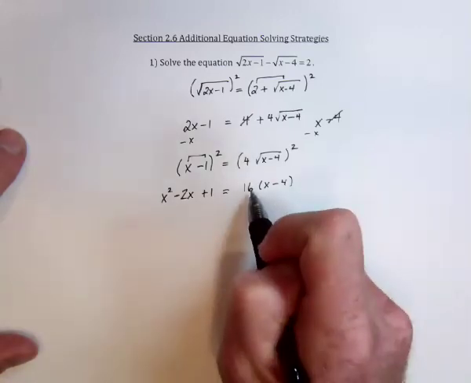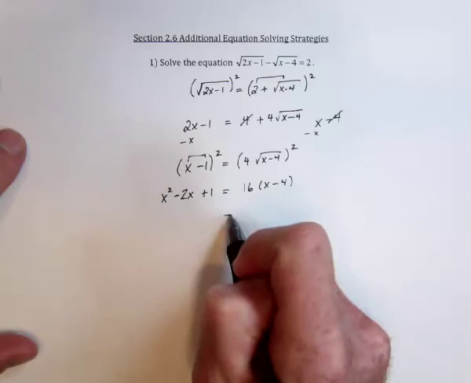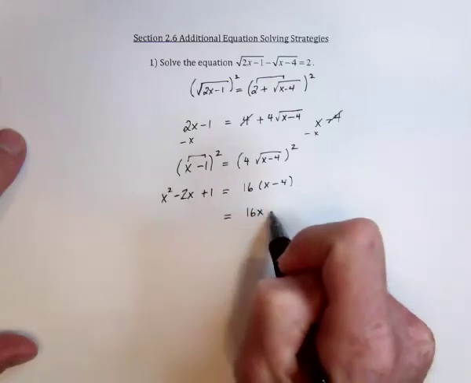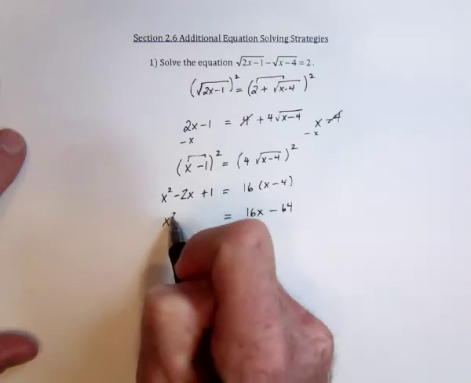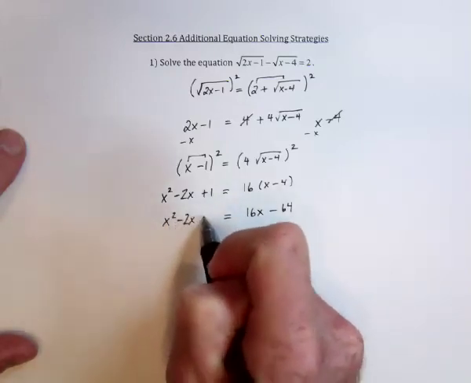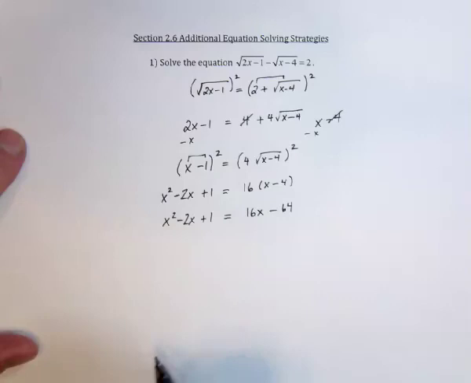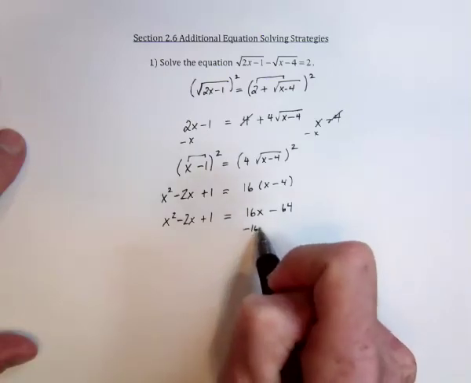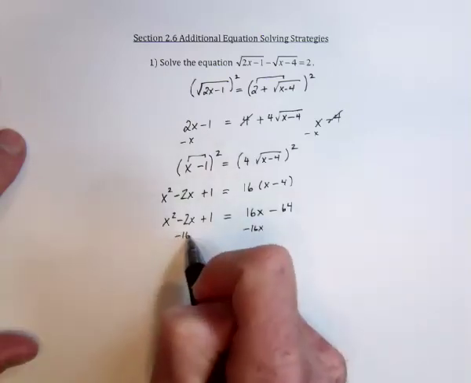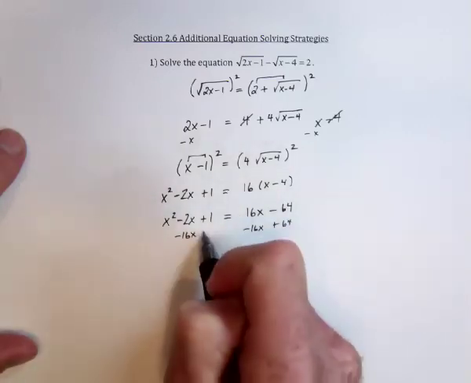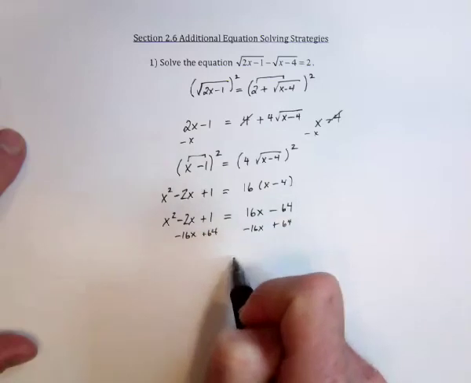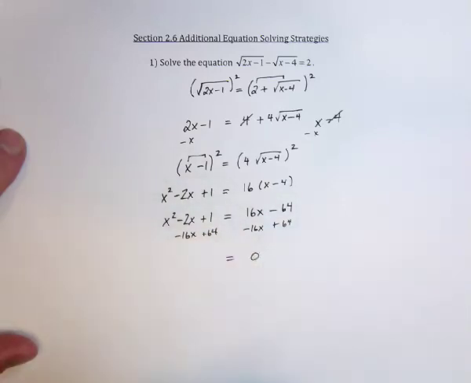Next, we're going to distribute the 16, so it's going to be 16x minus 64. And let me just recopy this side. And then subtract 16x from both sides. And also add 64 to both sides, so that we've got everything set equal to 0.